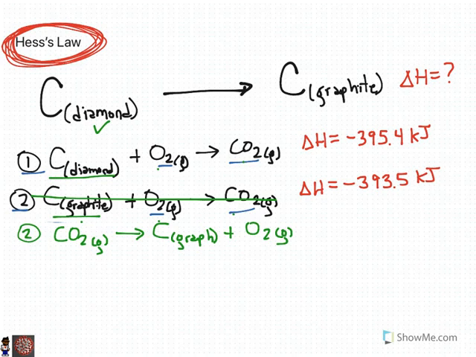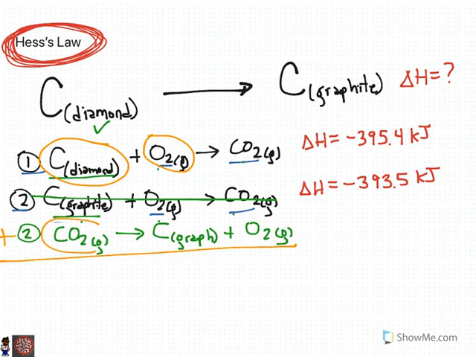And if we added the two reactions together, our overall reactants are going to be carbon diamond, oxygen, and carbon dioxide. And our products would be carbon dioxide, carbon graphite, and O2.